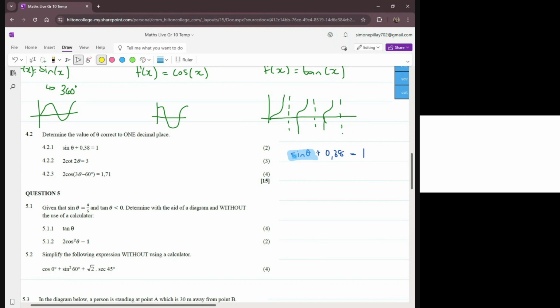And immediately, I know my equation rule. I have a loose term over here that I can transpose. And so what's going to happen is we're going to say sine theta is equals to 1 minus 0,38. And then sine theta is going to be equal to what? Can you guys tell me what is 1 minus 0,38?